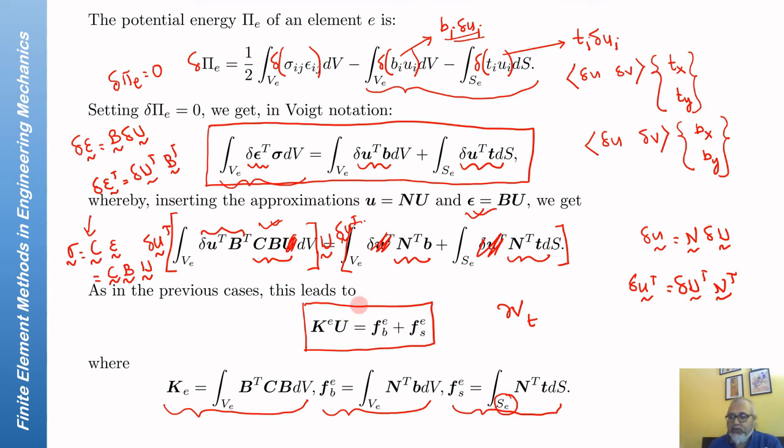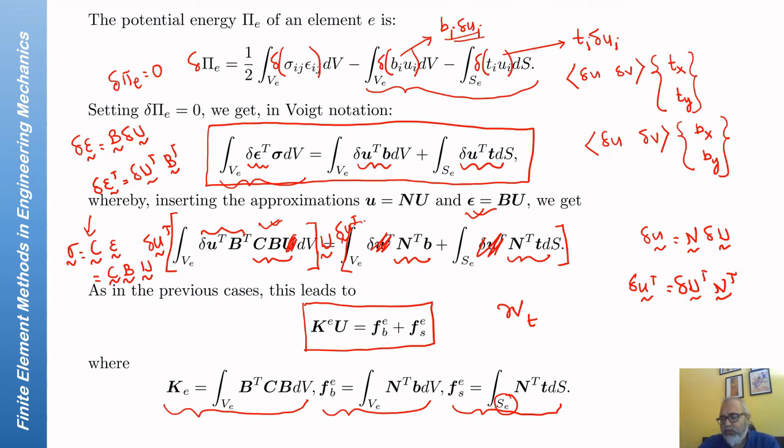And now I will do the usual assembly to get the global stiffness matrix. If my mesh consists only of these triangles, then I can just use the assembly procedure as we have learned it to get the global stiffness matrix, put in the boundary conditions, and solve.